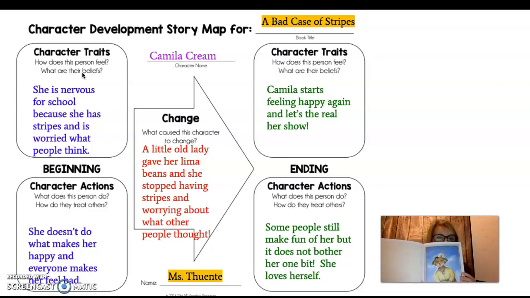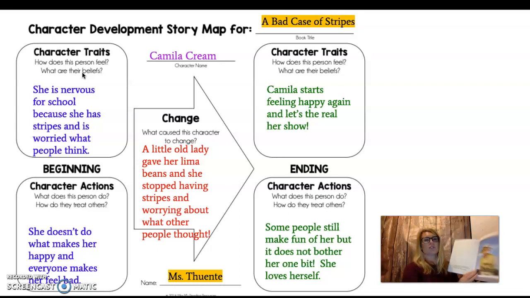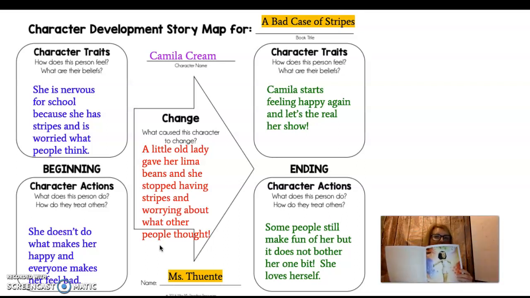And this little old lady gave her some lima beans. So the change is that she gave her lima beans. What happened when she started to eat the lima beans was that she finally felt like herself again. And she turned back into a normal girl, and she didn't worry about what other people thought of her anymore.